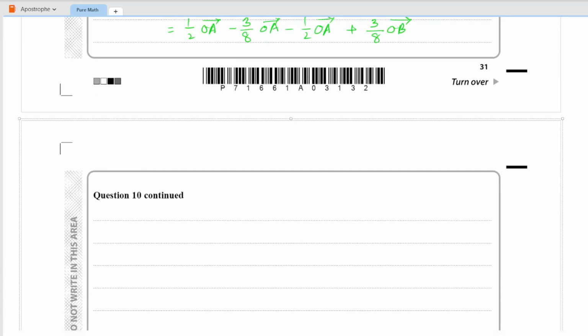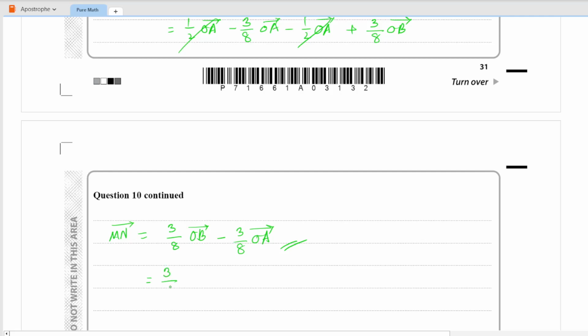So half and negative half get cancelled. We are left with 3/8 OB minus 3/8 OA. Done. And we just have to replace the vectors with unit vectors, and we got the answer.